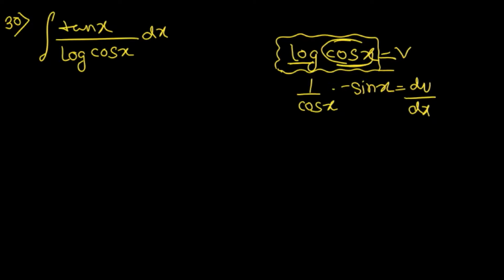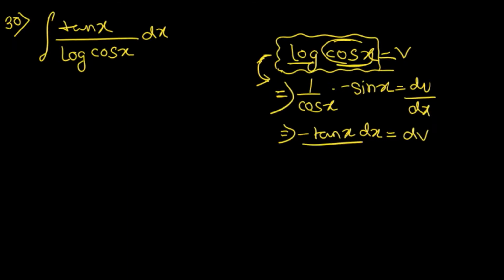If you are having any problem understanding these steps, please go through the basic properties of differentiation, and study the formulas of chain differentiation, and you can easily understand these terms. So we are left with minus tan x dx equal to dv.